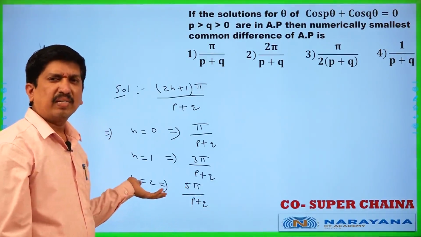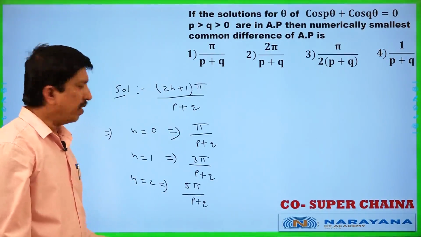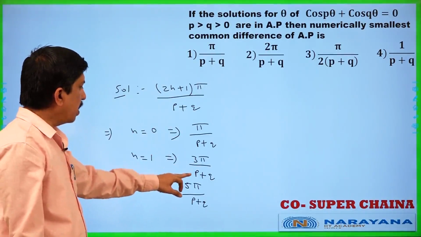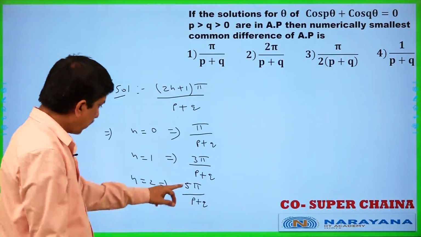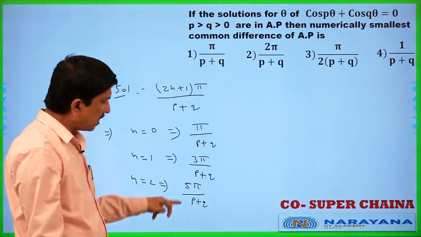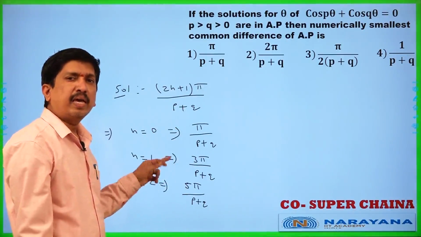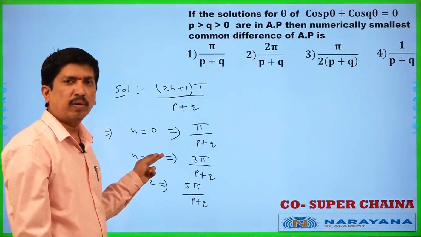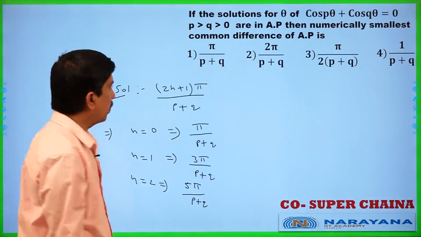But for the common difference they are asking, you can find it directly. Here n equal to 0, n equal to 1: 3 pi by (p plus q) minus pi by (p plus q), or 5 pi by (p plus q). These are in AP. If A, B, C are in AP, there will be a common difference, which is denoted by D. Now pi by (p plus q), 3 pi by (p plus q), 5 pi by (p plus q).